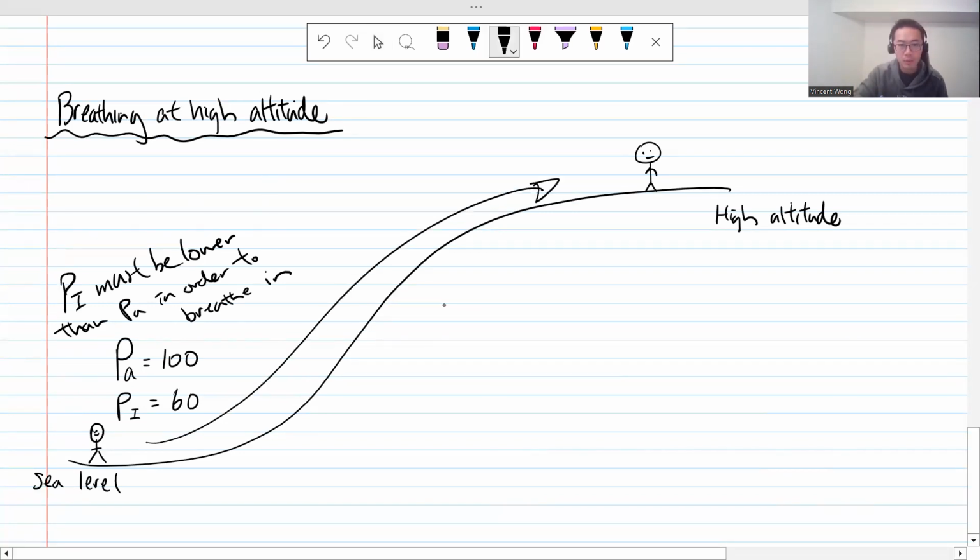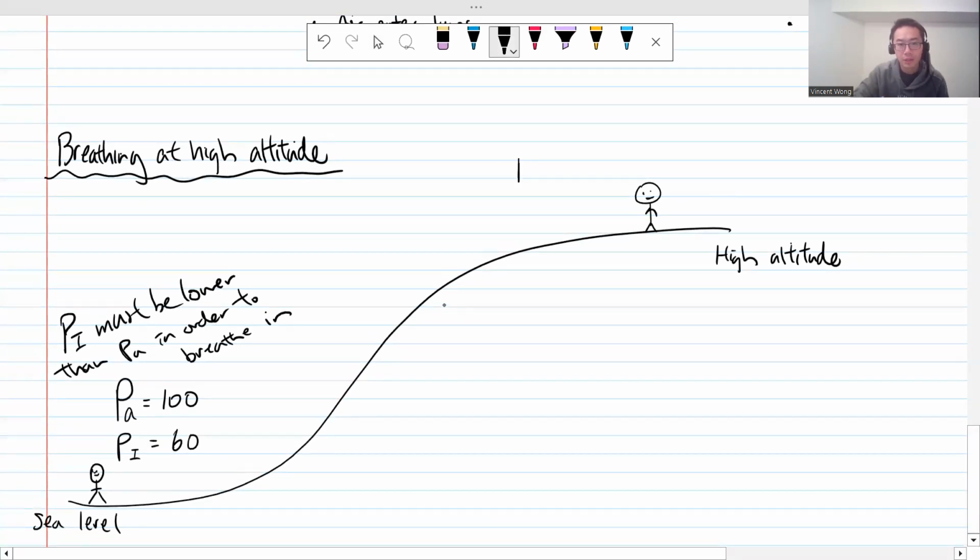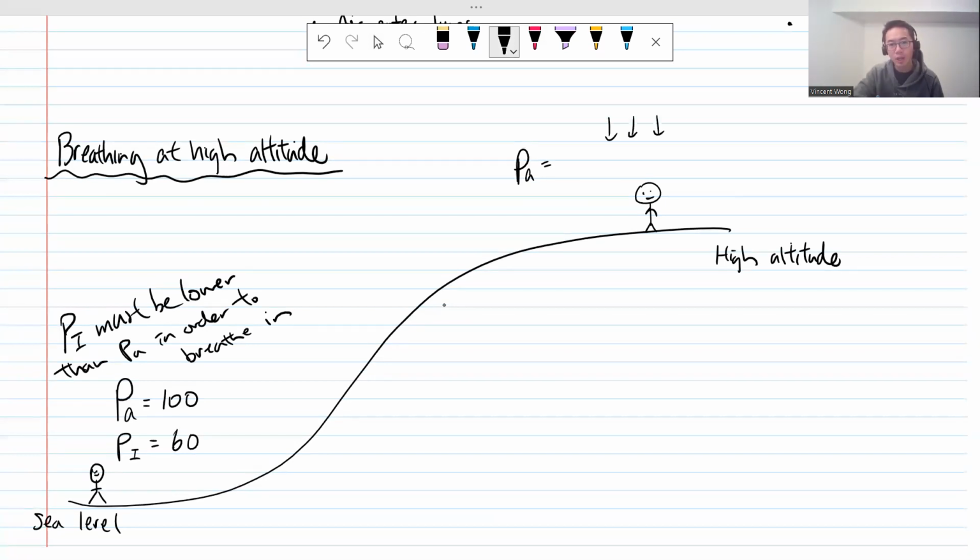All right, let's say you move up to the higher altitude now. So PA now, because there is less air on top of you compared to here, right? There's less atmosphere because you're higher up, just like swimming. So the PA is going to be less than 100, right?